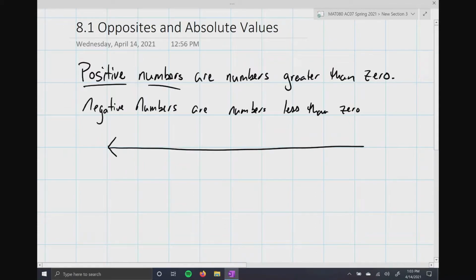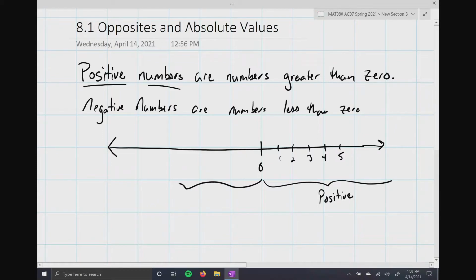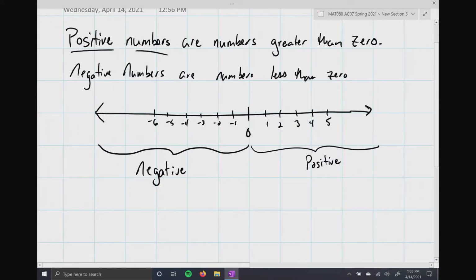So, real quick, a very simple little diagram. If I were to draw a number line and put 0 right in the middle, any number to the right is going to be positive, and any number to the left obviously will be negative. 0 does not have a sign.